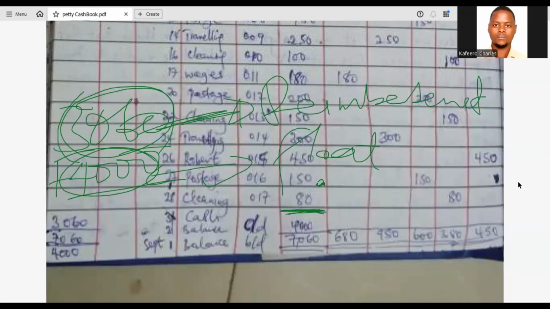And when this reimbursement of the 60,000 comes and it is given to the Petty cashier, they will add this reimbursement plus the balance to make sure that we go back to the total float of 4,000 US dollars, and that will equate the full cash float that we started spending, because that's the money that we shall be having for the next month, that is September 1st. That's the money that we will be having for spending.